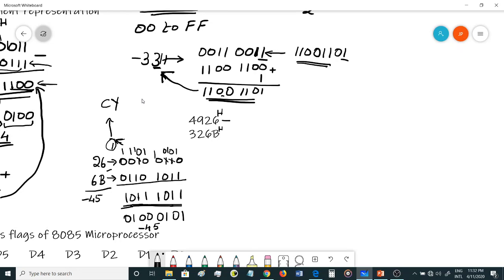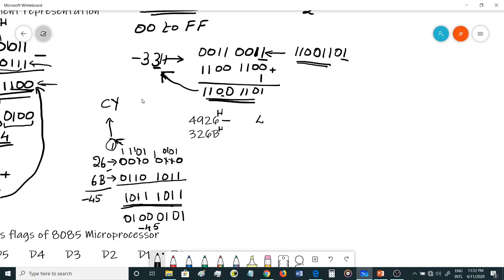Since you are going to do a 16-bit operation, let's see what the result comes out to be. Now here there is a borrow, the borrow is 1. Now the next 8 bits are 49 and 32.